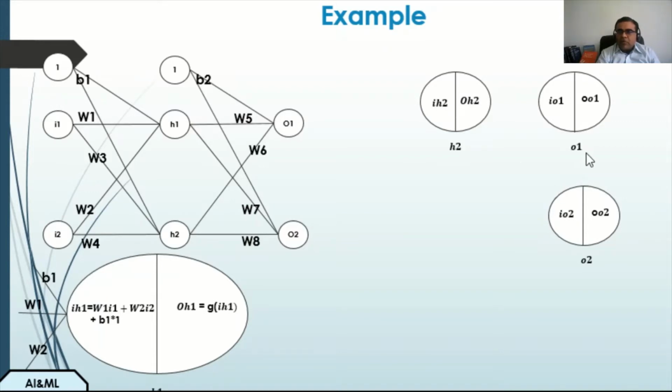Similarly, for the output node O1, we are getting the inputs and we are calling it IO1, and the output from this output node we are calling OO1. In a similar manner, for the output node O2, we are going to get the input as IO2, and then we apply an activation function on that, which will generate an output called OO2.